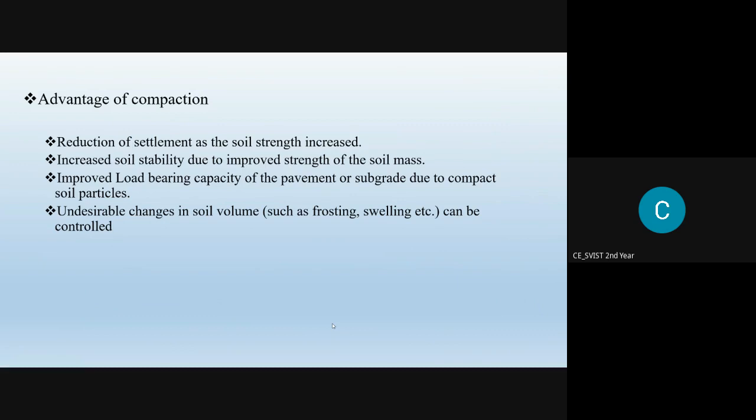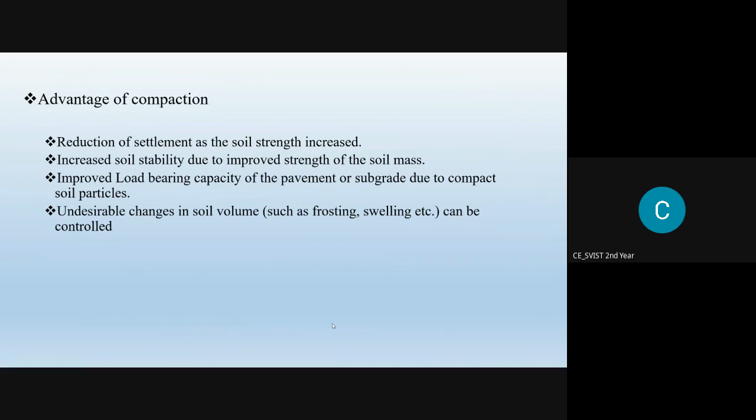Because its shear strength is increased, when we apply the load, it settles less. That's why reduction of settlement occurs, because the strength of the soil is now much higher than before the compacted state.